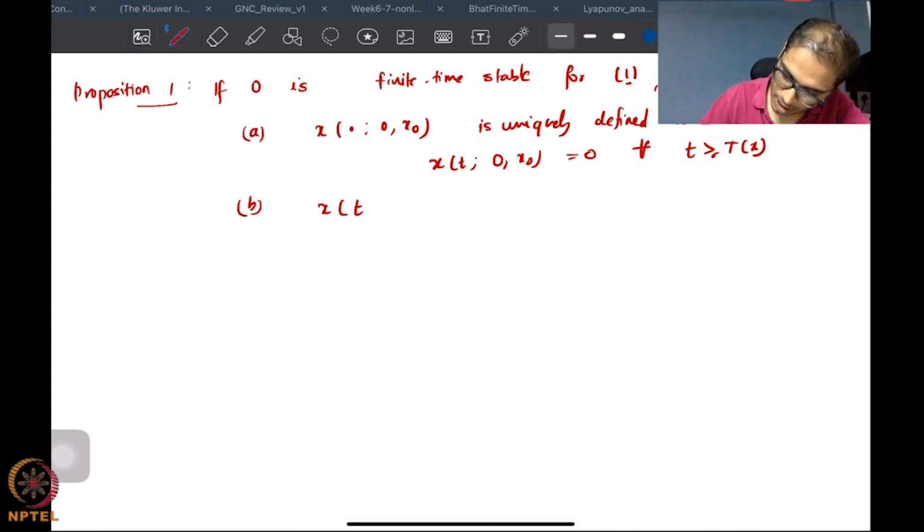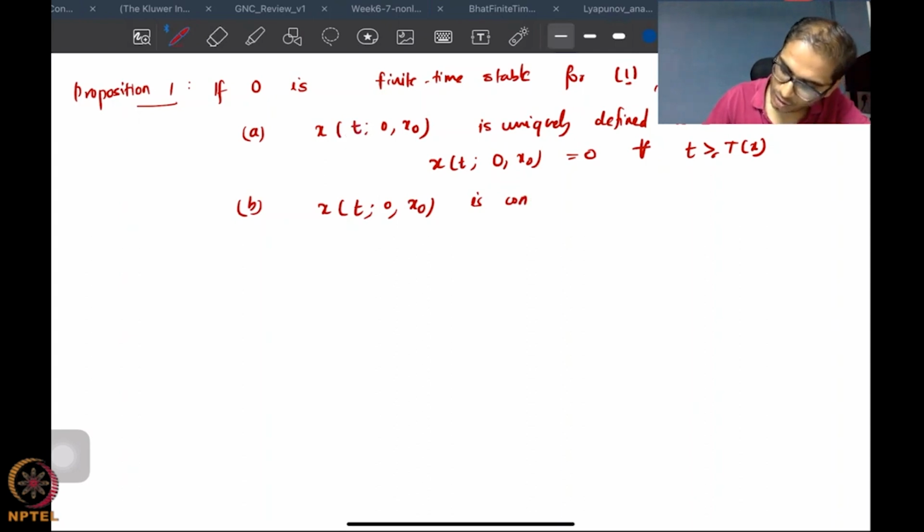Actually there's a dot here, which means it's uniquely defined with respect to time.